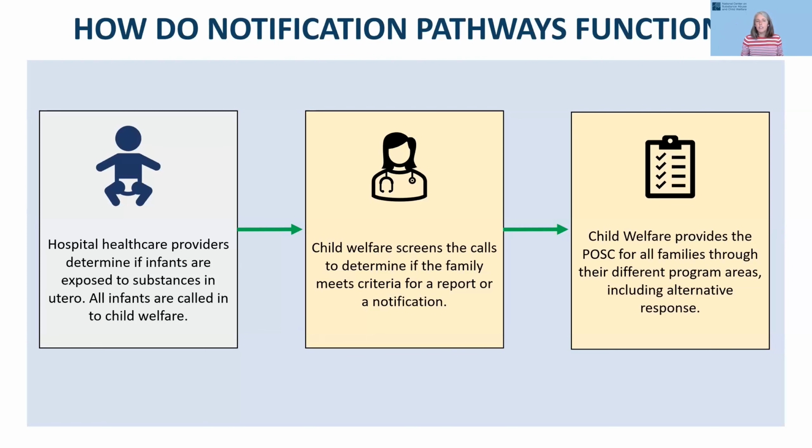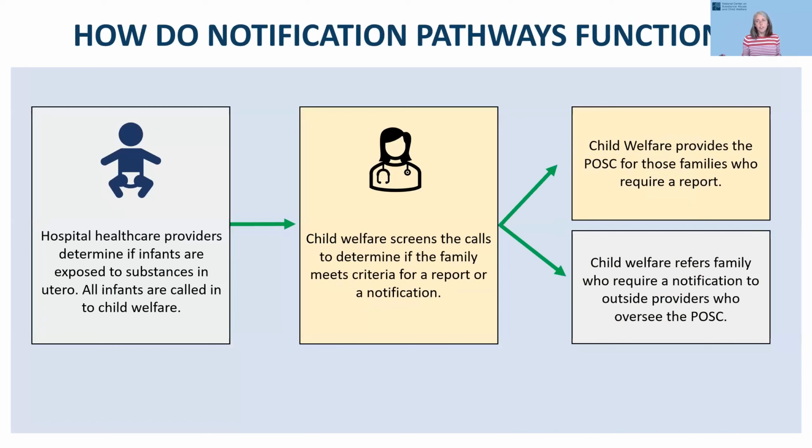When a state does have a notification pathway, it tends to look one of two ways. So this might be happening in your state, where first the healthcare provider does the same thing. They see exposure, they're not sure if there's any concerns, they call child welfare. Child welfare does the screening that they've always done. They screen in if there's a risk issue and they do the plan of safe care. But if there is no risk issue, they screen out and they send that family to a community provider.